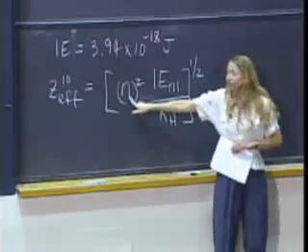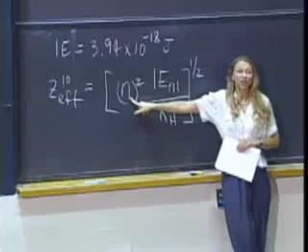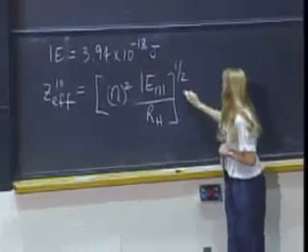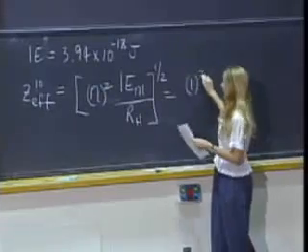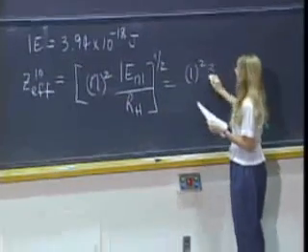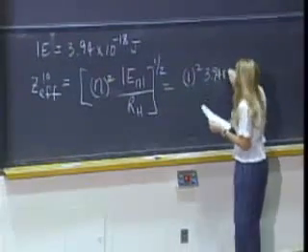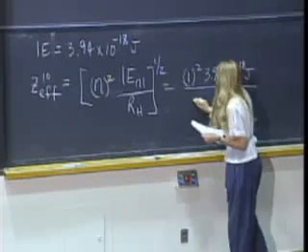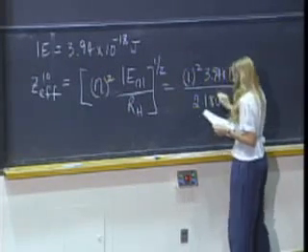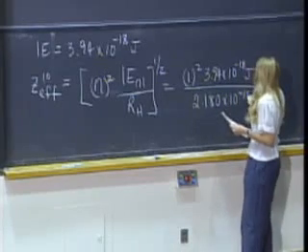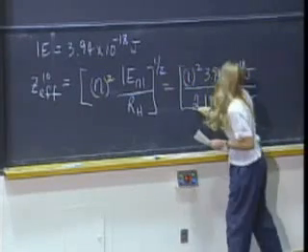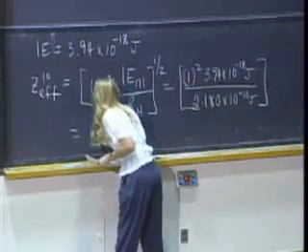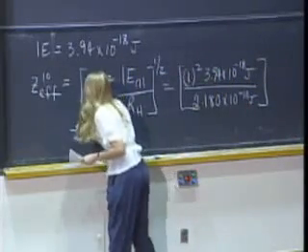When we talk about ionization energy, it's usually from the ground state, so n is going to be equal to 1 here. The ionization energy I just said was 3.94 times 10 to the minus 18 joules. Rydberg's constant in joules is 2.180 times 10 to the minus 18 joules. If I solve that, I find the effective charge is 1.34+.